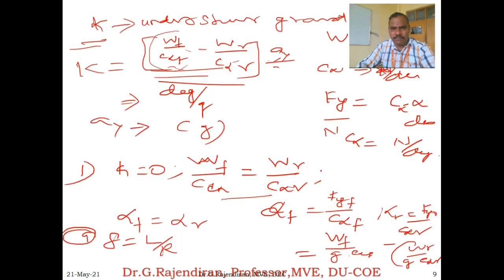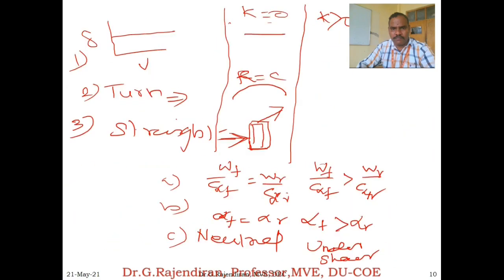Already one straight line is there, L by R. Then with L by R, again with this speed, it will go like a parabola. Clear? So the delta curve will go like a parabola.